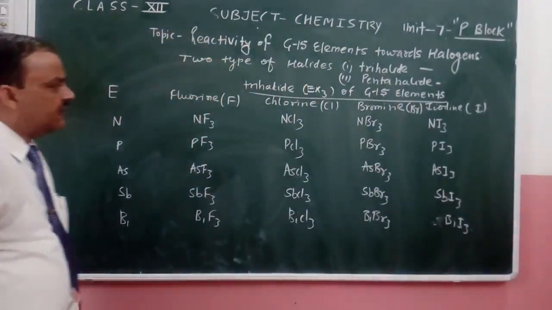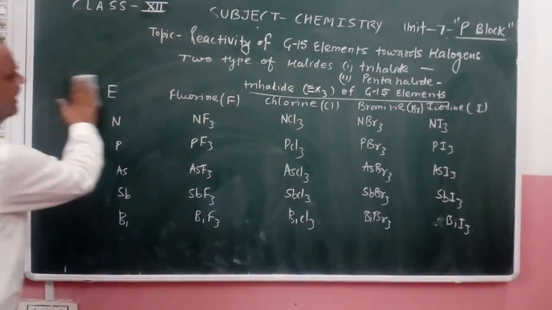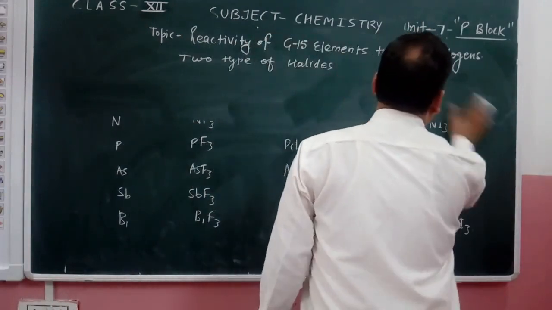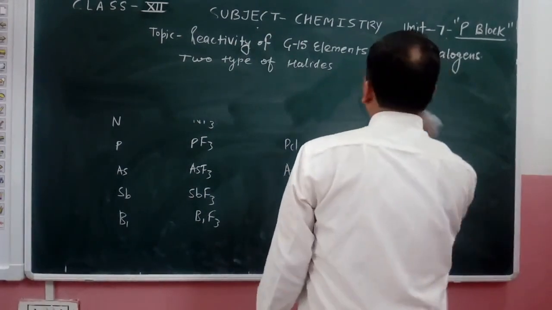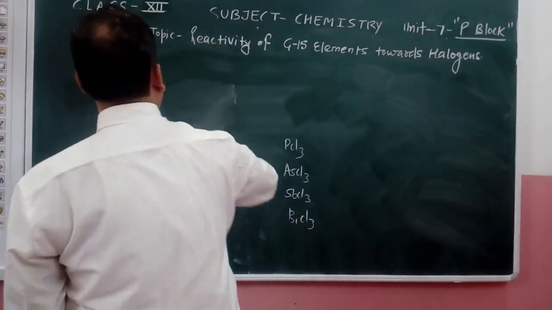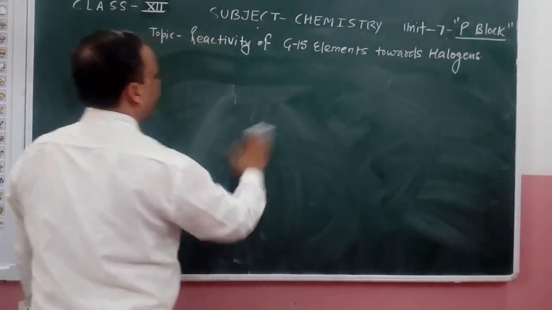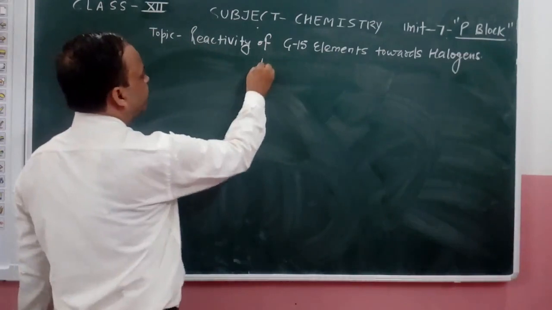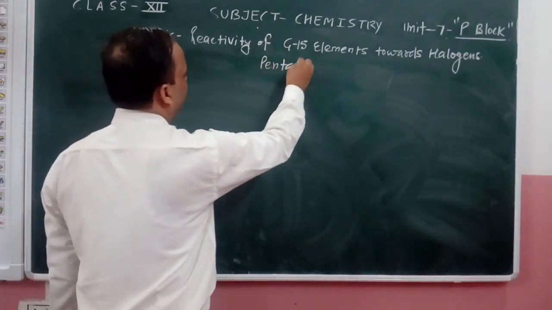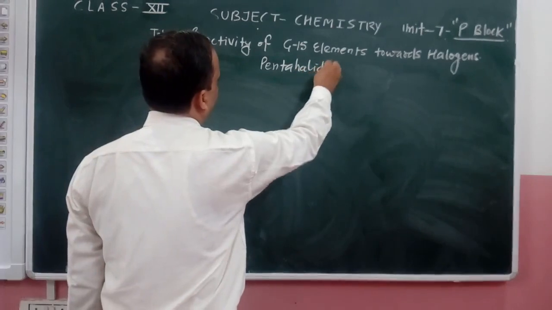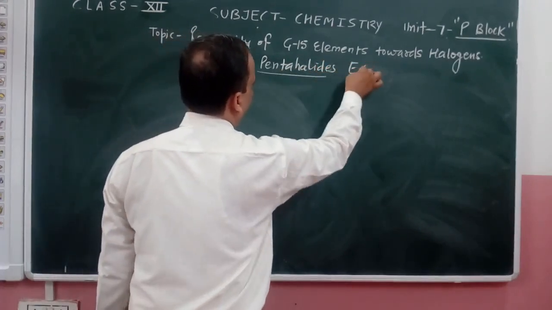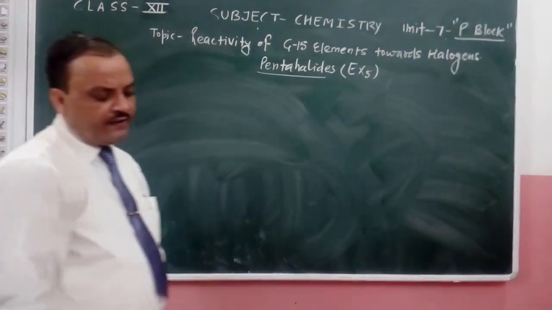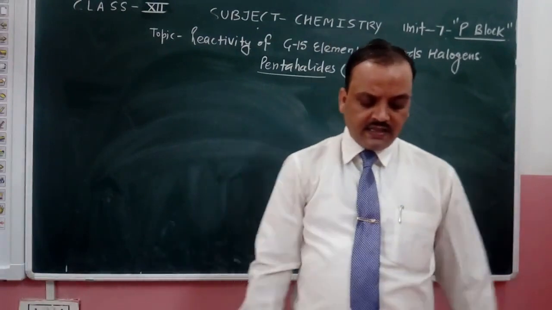Now the other type of halides, pentahalides. Just see, pentahalides from group number 15 elements. Pentahalides means EX5 type of halides, in which five halogens are attached there.